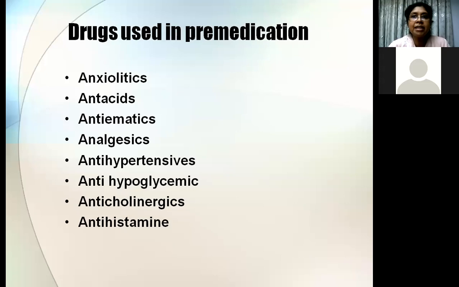It's not actually a very frequent term that we use, but I wanted everything to be starting with A for you all to remember. So that is also a drug that we stop when they are fasting, because if you continue the drug, you might end up with a hypoglycemic episode during surgery.